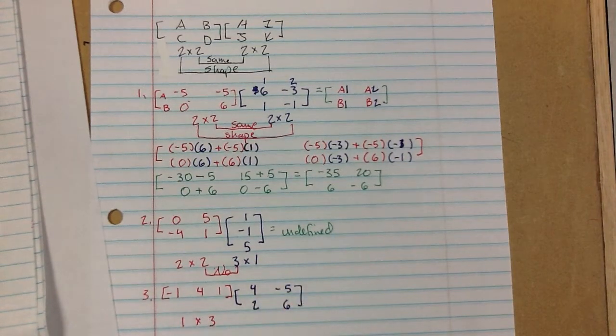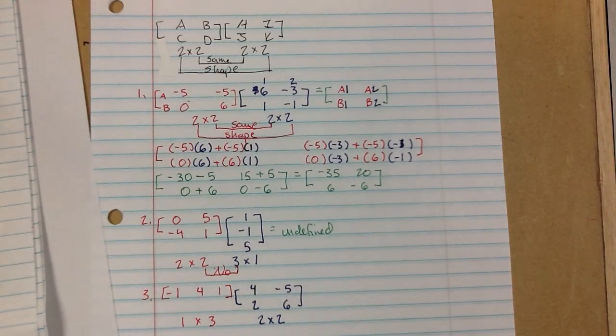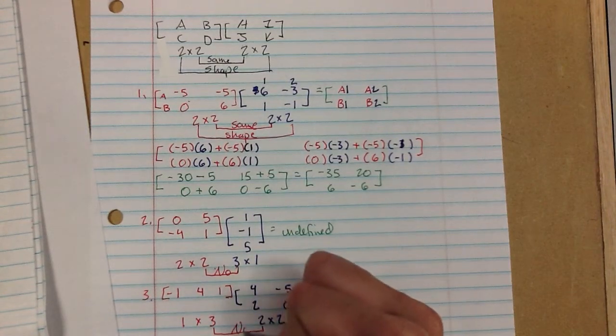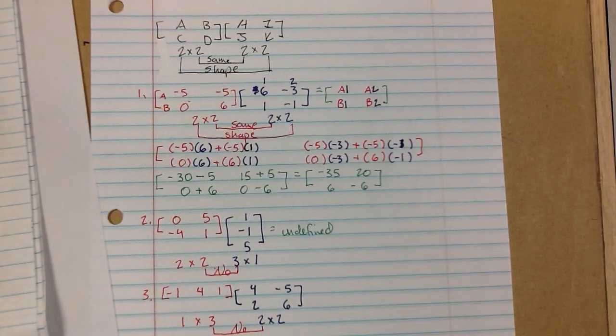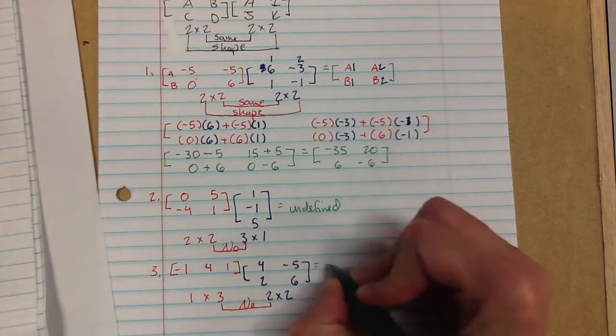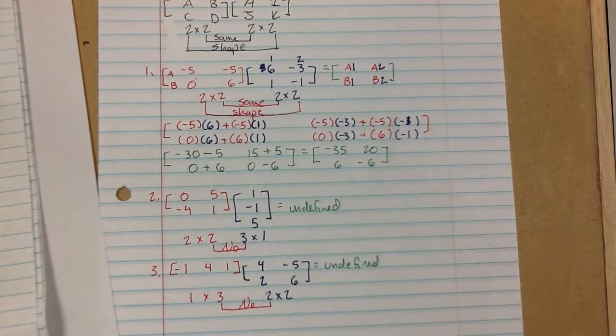And for the other one? 2 by 2. Can we put them together? No. Okay, the question came up this morning. Can you switch the matrices around?